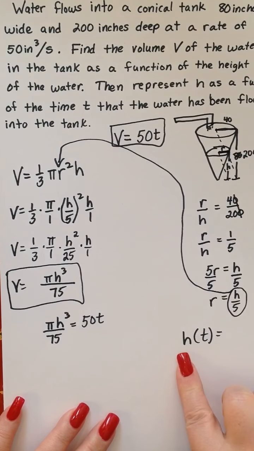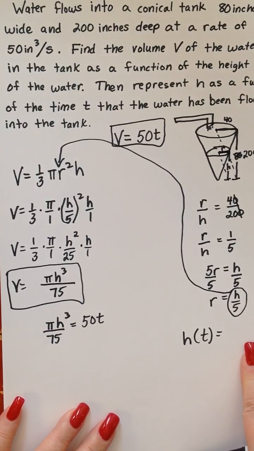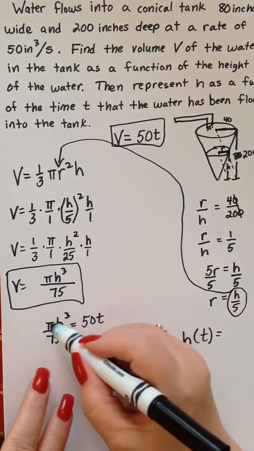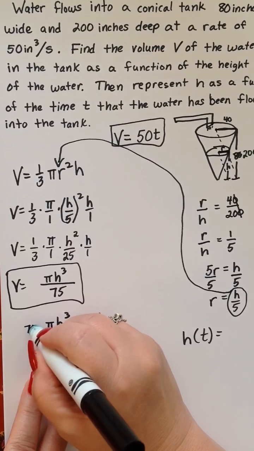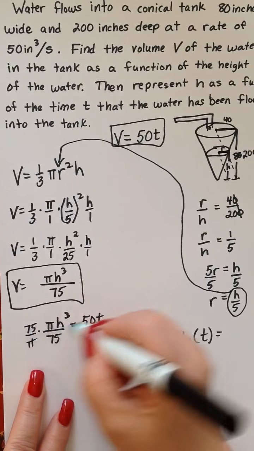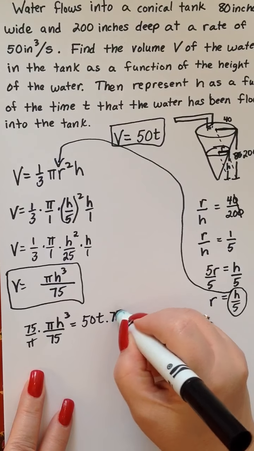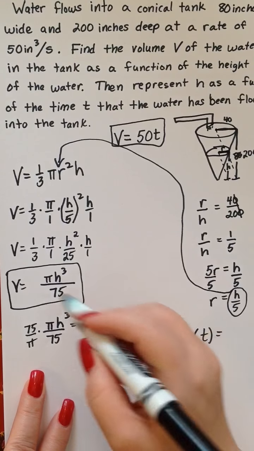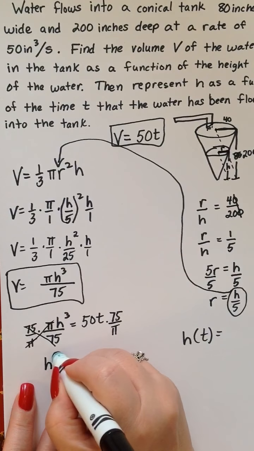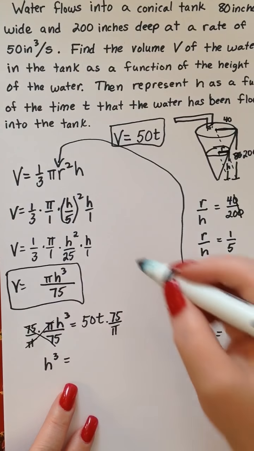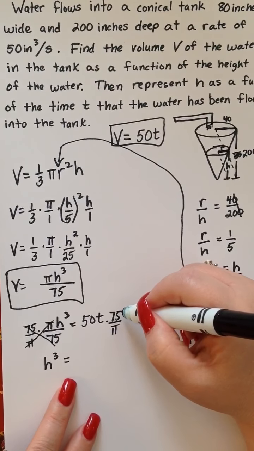That means solve for h, and then the variable over here will be t. So I need to solve for h. So to get rid of pi over 75, I just multiply both sides by 75 over pi. That way this cancels and this cancels, and so over here I have h cubed equal to 50 times 75.